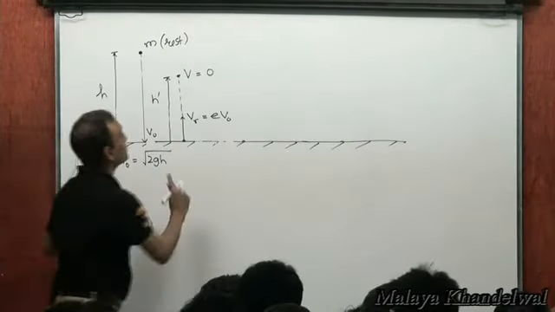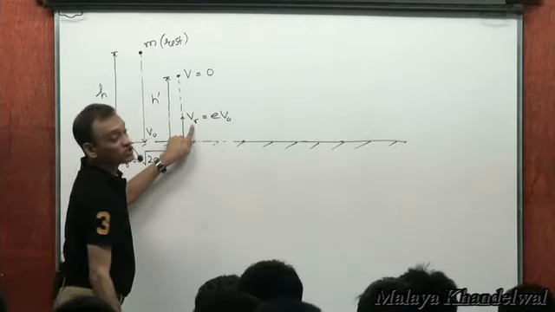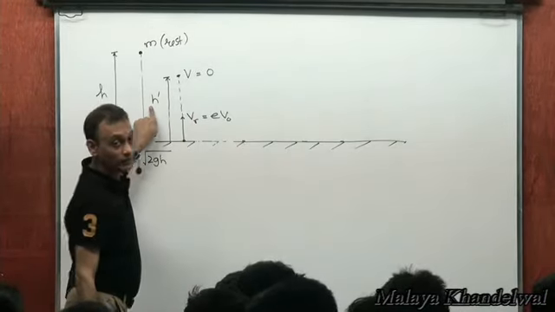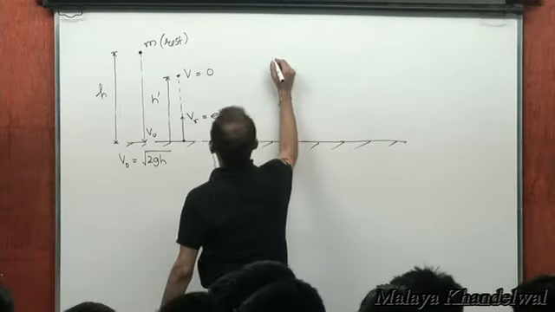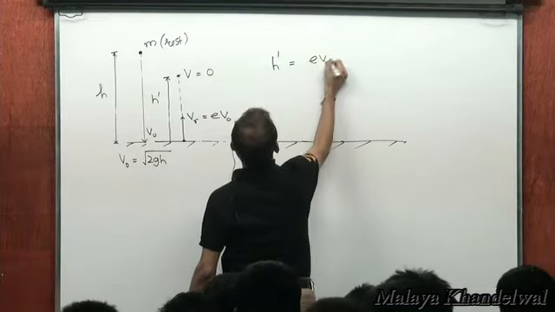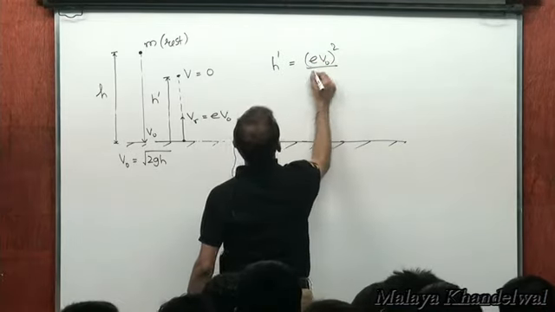So 0 squared minus vr squared equals minus 2g h prime, so h prime is (E v0) squared divided by 2g.